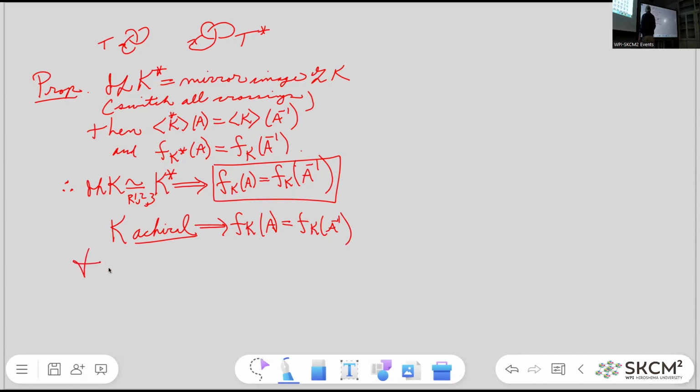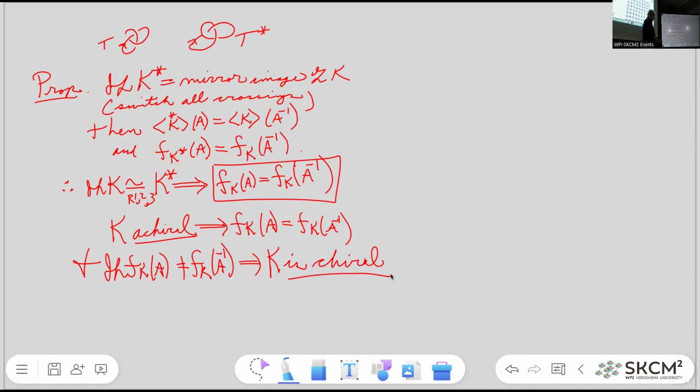And if F K of A is not equal to F K of A inverse, then K is chiral. Not equivalent to its mirror image.